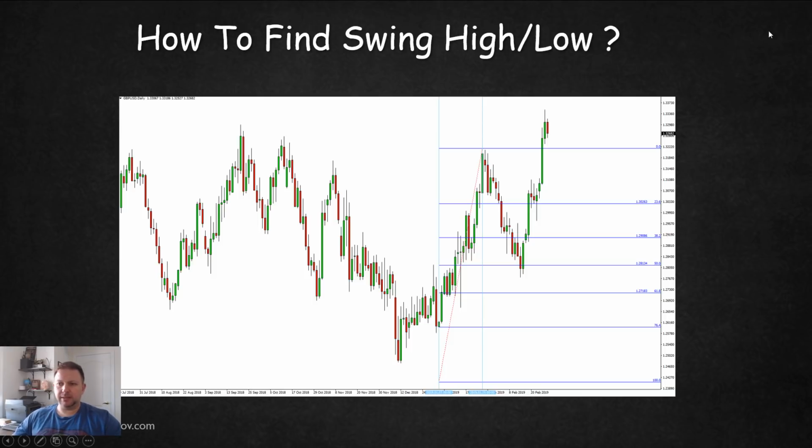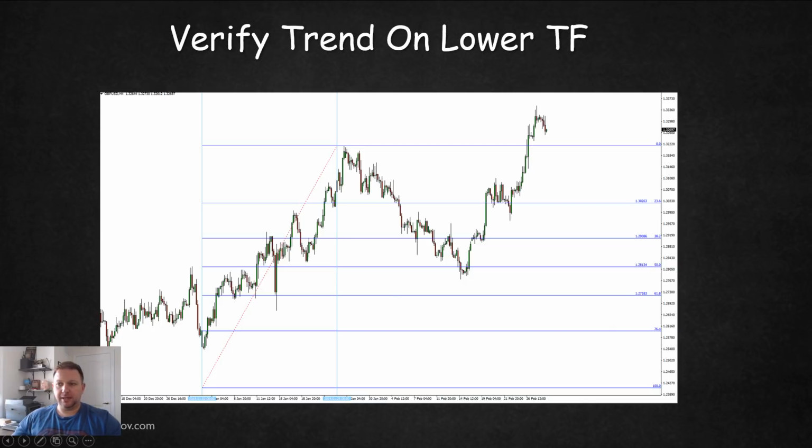I showed you one method, but from the trend I choose, and want to measure the Fibonacci on, I want to verify that this movement up was built by several pushes, so several mini waves, mini trends inside it. I can do that on the same time frame or just drop one lower time frame and verify that the move up was built by several pushes.